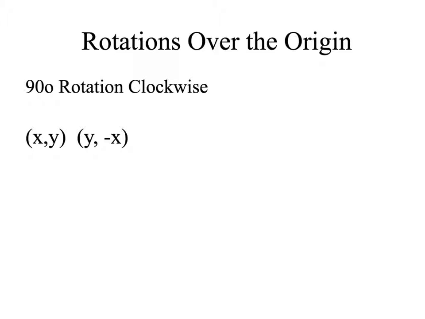But for a 90-degree rotation clockwise, so if you look at a clock, the hands typically move to the right. So that's our clockwise direction. So 90 degrees clockwise, we're going to be using the formula y, -x. So basically what you'll see happens is we flip the x and y and the x becomes the opposite sign.